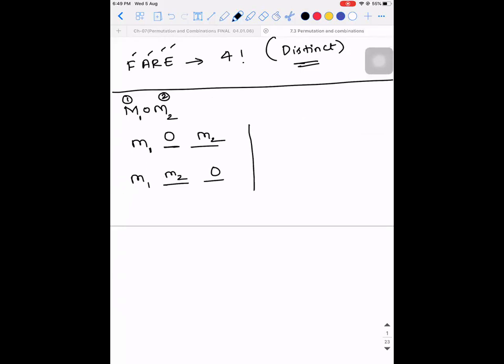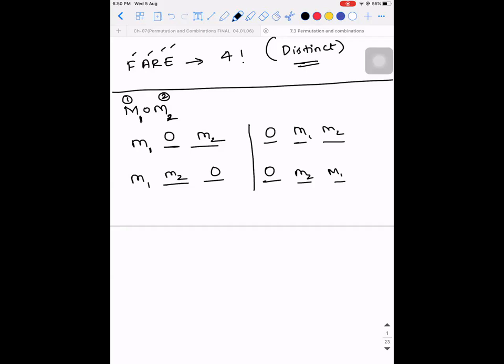I will erase certain things, because they are the same. I know that. So I will erase them, but treat them as M1 and M2. Means this first M, this second M. Clear? So if I keep O fixed, then I can write it as M1 and M2 or M2 and M1.